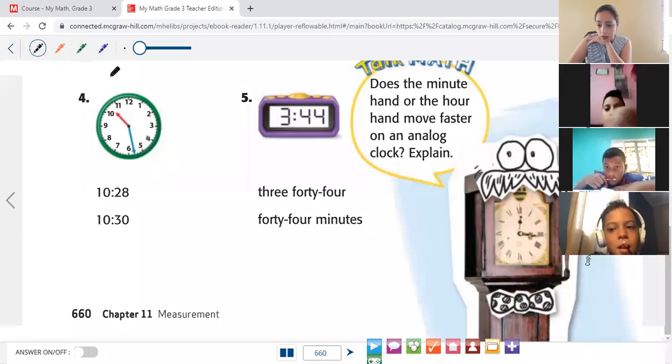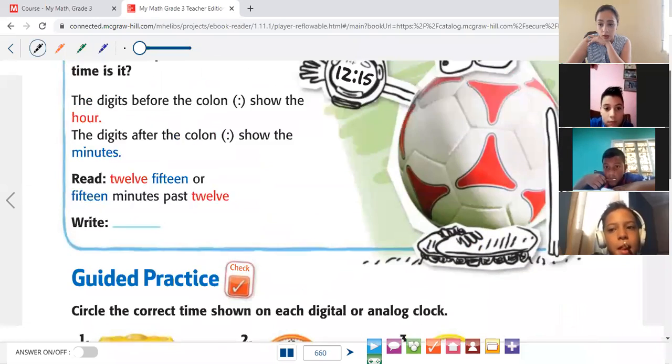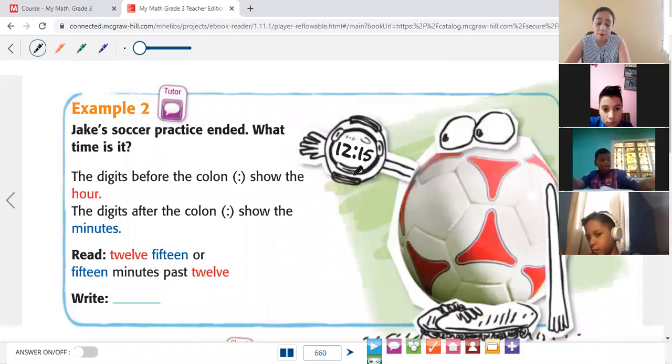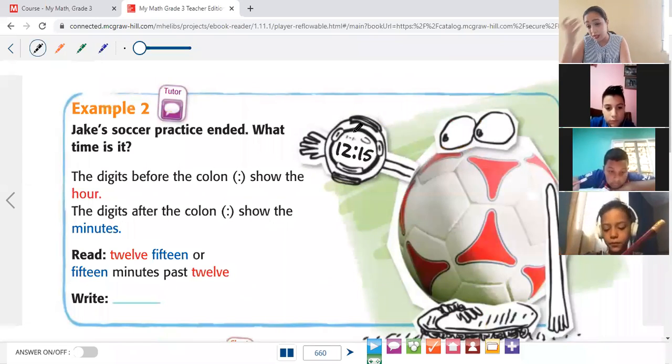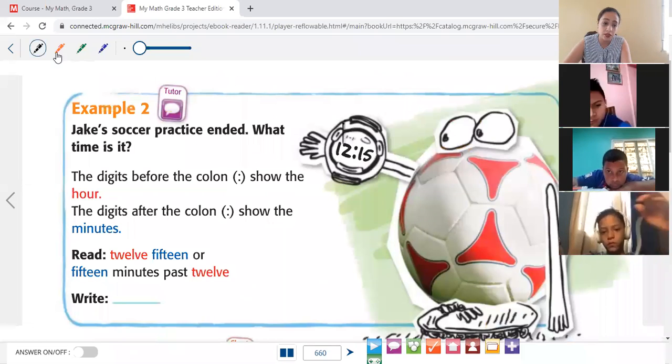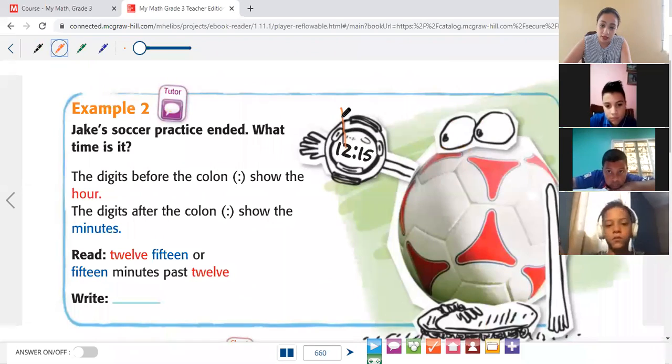Now, let's do example number 2 together, okay? Please pay attention. Now, when we read the time on a digital clock, it's very easy. This digit over here tells me the hour. This digit tells me the minutes.